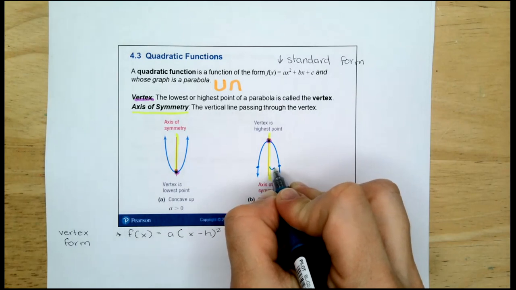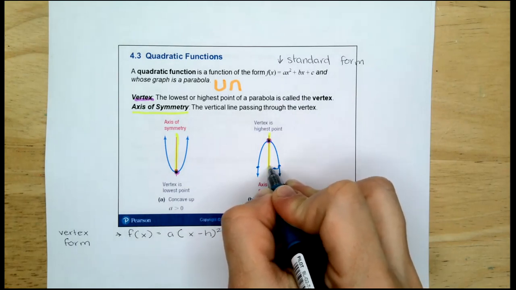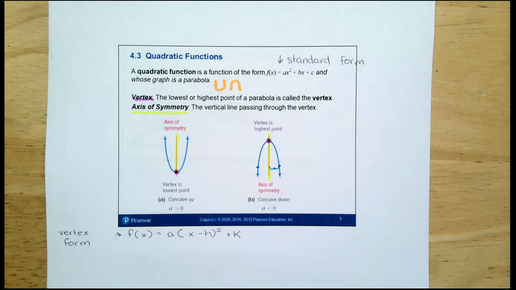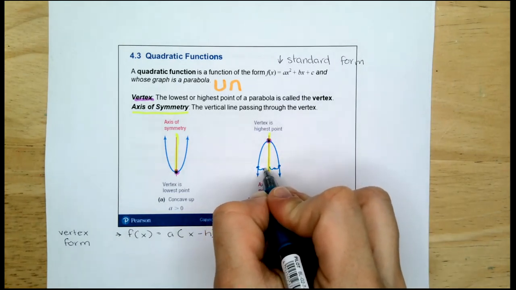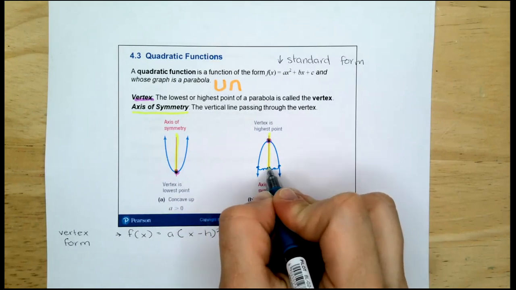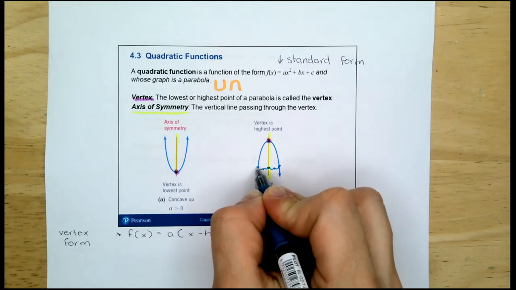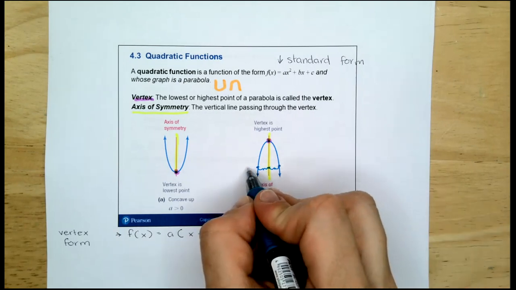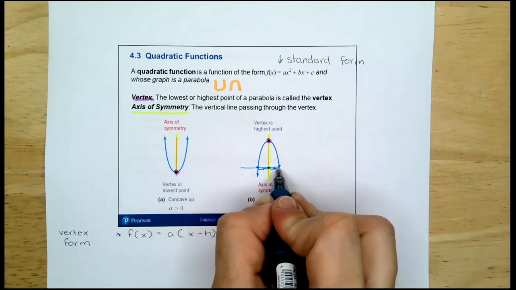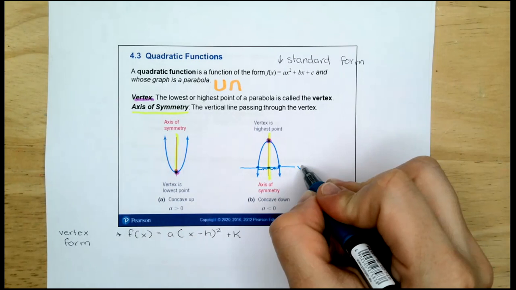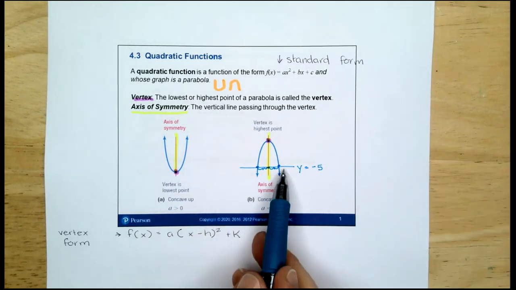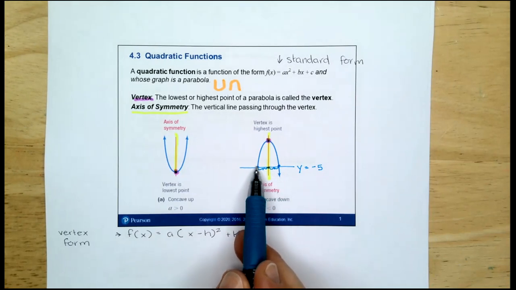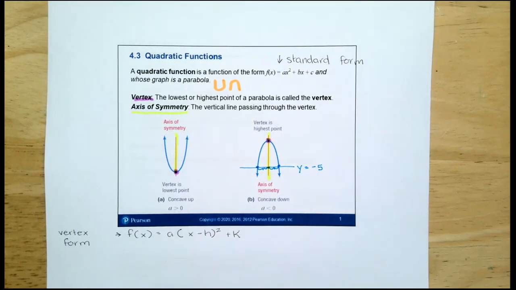So the distance from a point to the axis of symmetry has the same length as the distance from that axis of symmetry to the other side, if these were both on the same line, like the line y equals -5. That'll be the same distance from the axis of symmetry as that point from the axis of symmetry. It's mirroring each side of the vertex.